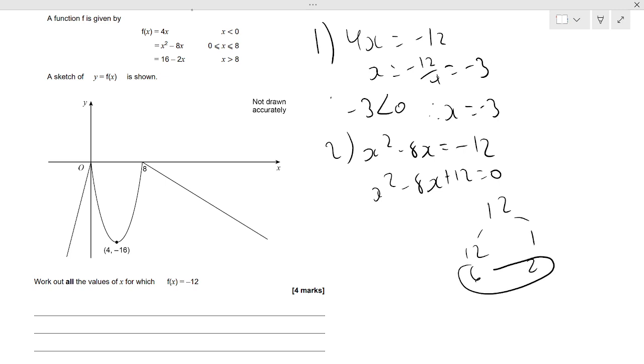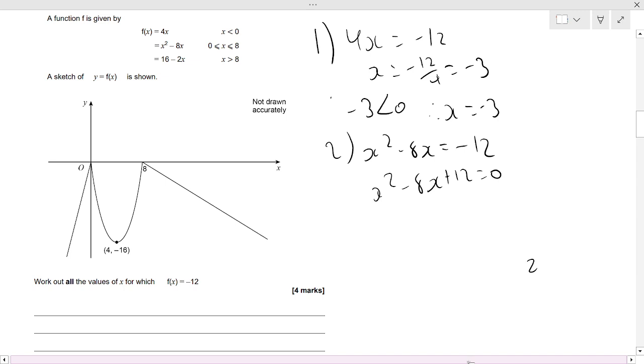Yes, they do. Because if you take minus 6 and minus 2, they multiply to give 12, because a negative times a negative is positive, but they add to give minus 8. Alternatively, because you do have a calculator, you could use the quadratic formula. But I notice this factorizes to (x minus 6)(x minus 2), so therefore x is 6, x is 2.